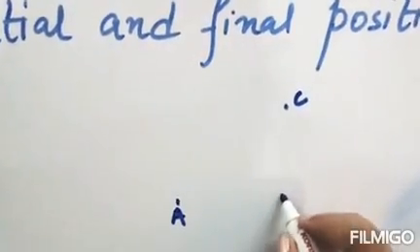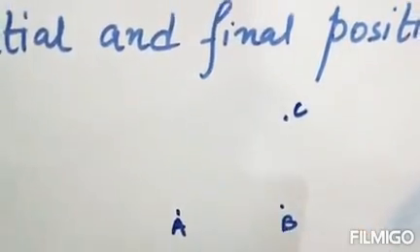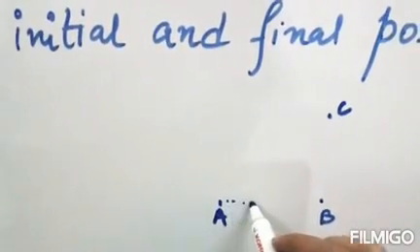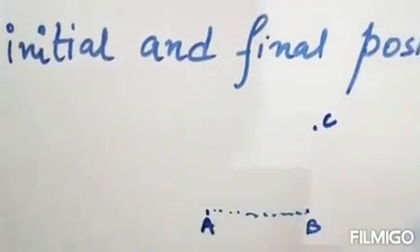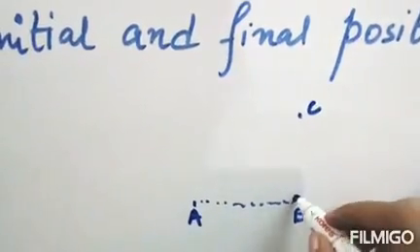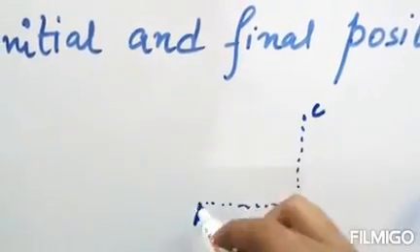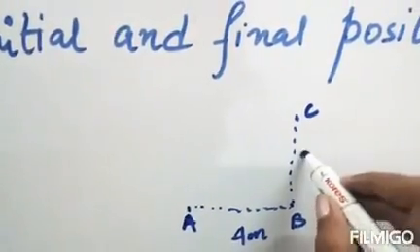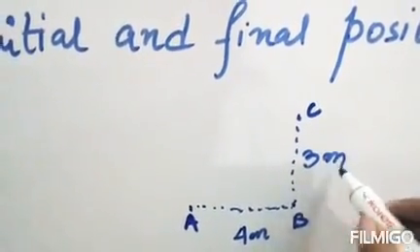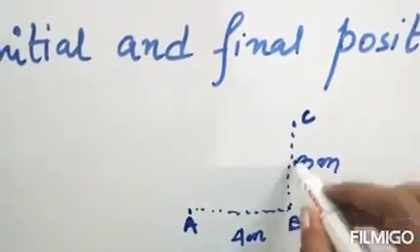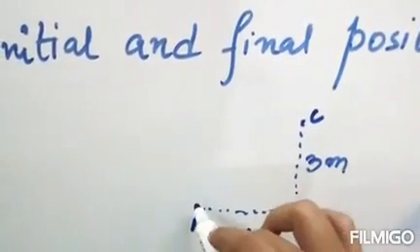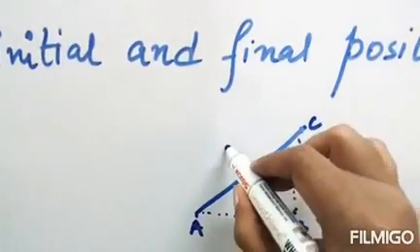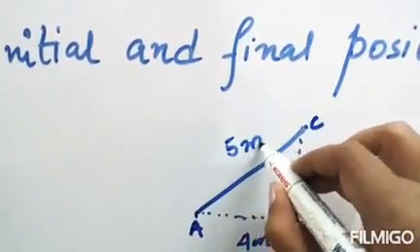I can reach C by two ways, either by going to B and from B to C. Suppose this is 4 meters, this is 3 meters. So I can travel 4 meters, 3 meters, and then reach C, or I can go straight there. Suppose this is 5 meters.